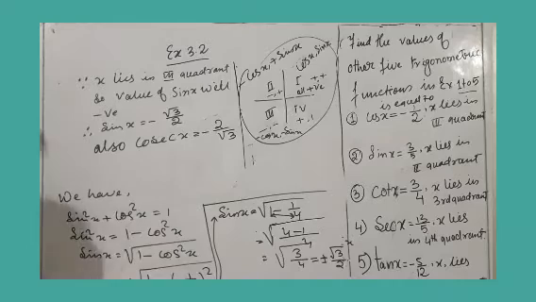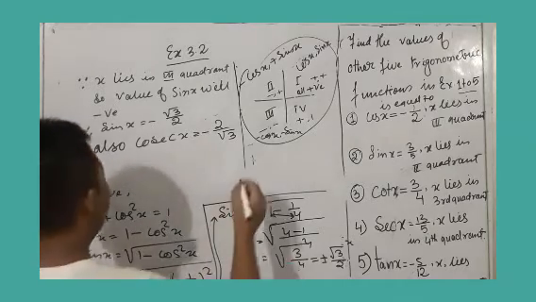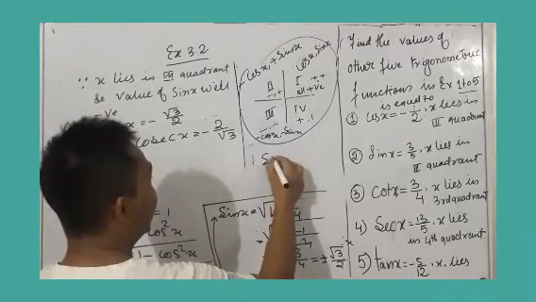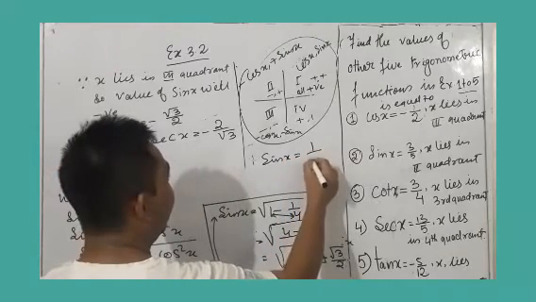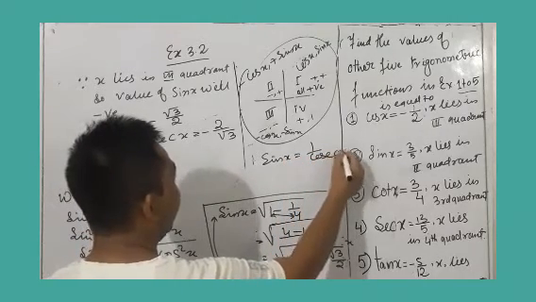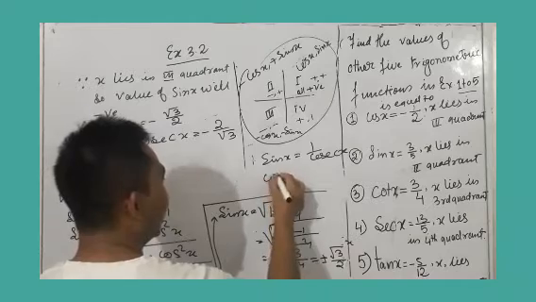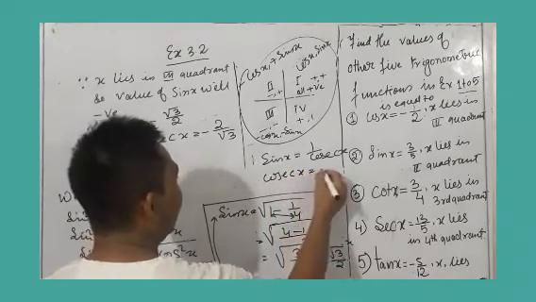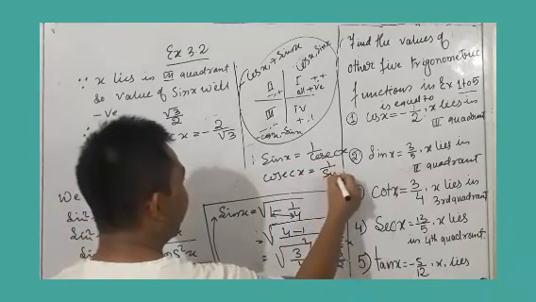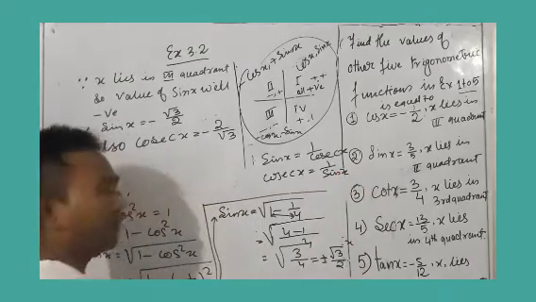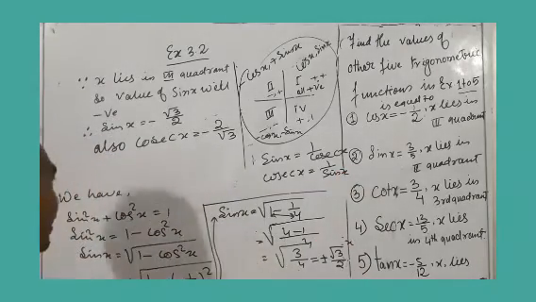Correct? Sin x is the reciprocal of cosec x, and cosec x equals the reciprocal, 1 by sin x. So all of them are like this. Okay, fine.